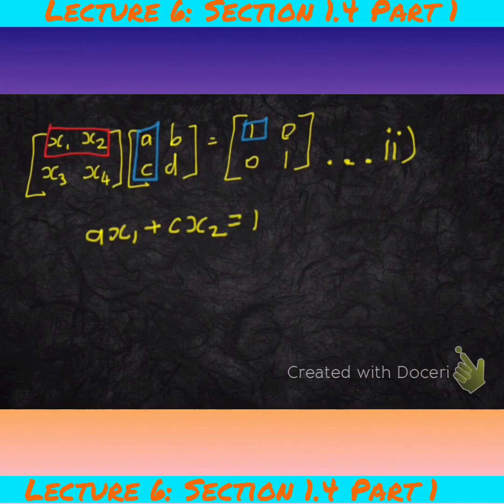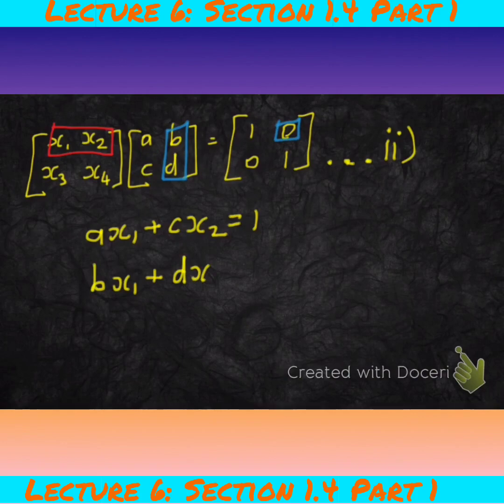Then we're going to take the second column, and therefore we're going to get BX1 plus DX2, and we're going to get a 0 there.